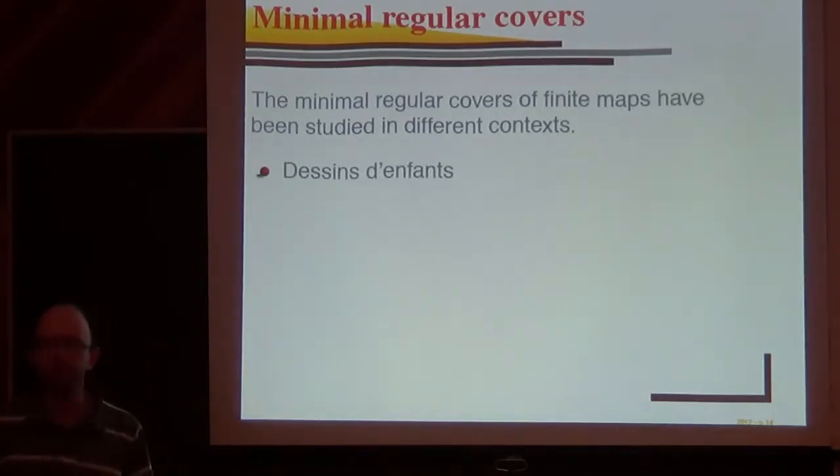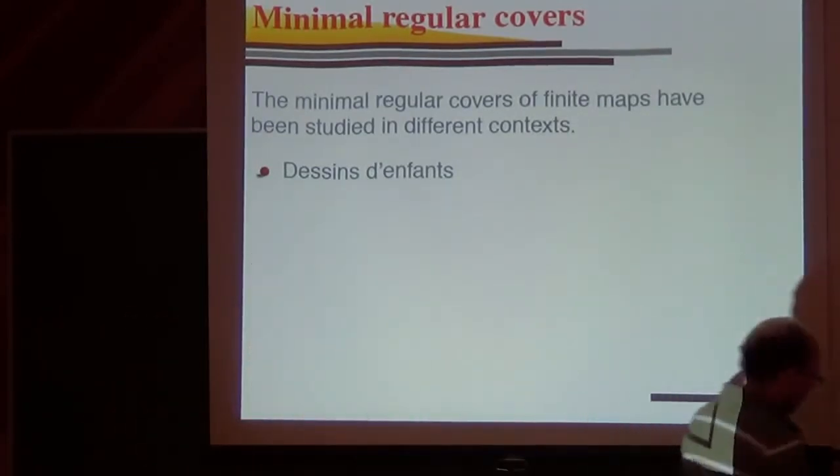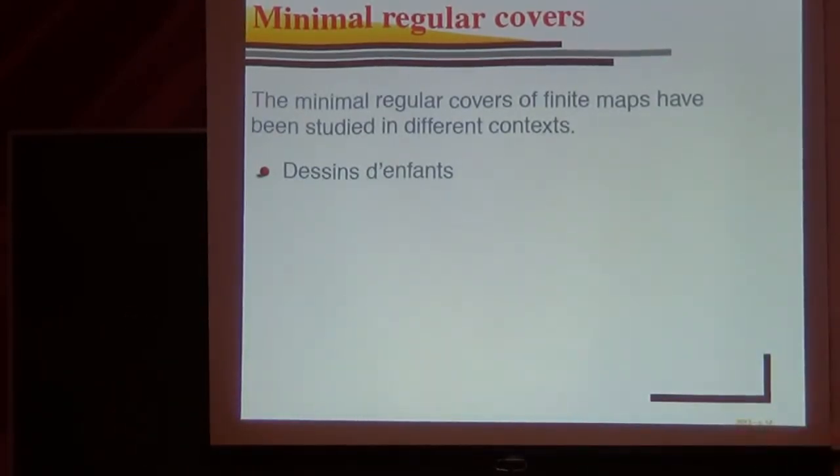For example, maybe some of you are familiar with the dessins d'enfants, which from French, I believe, means pictures of children. And what they do is start with a picture, like this, maybe like this. They think of that as a map on the sphere, and then they take the minimal regular cover, at least in my context, and they study that.